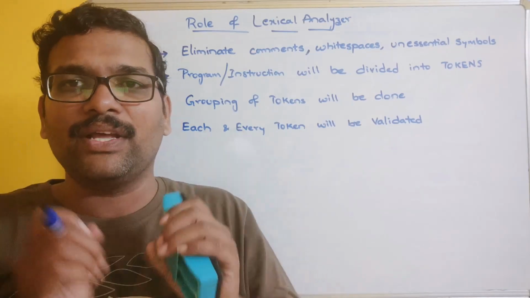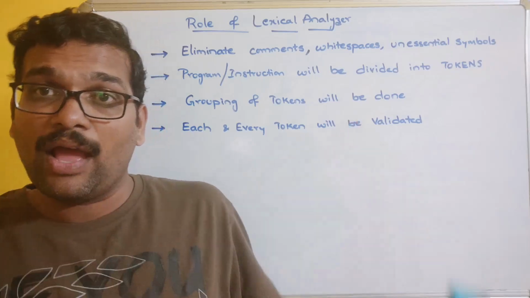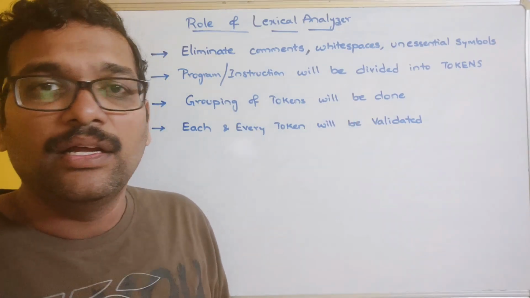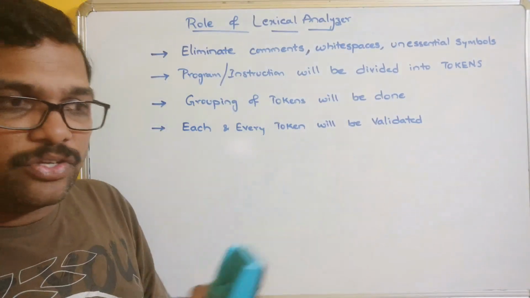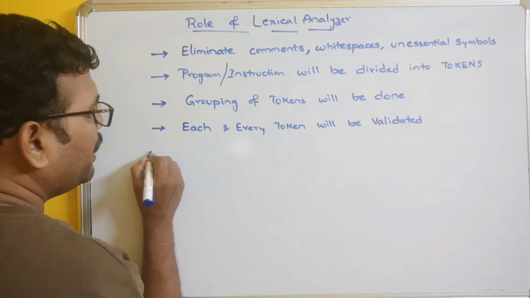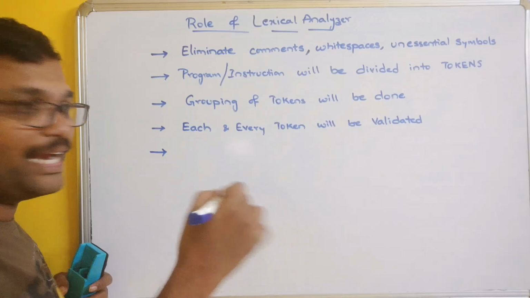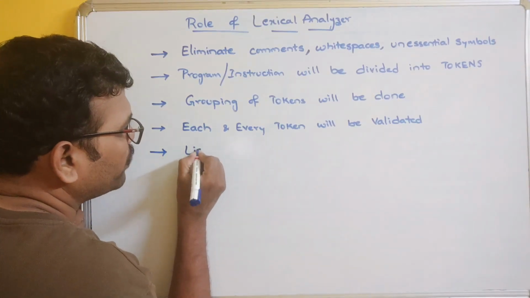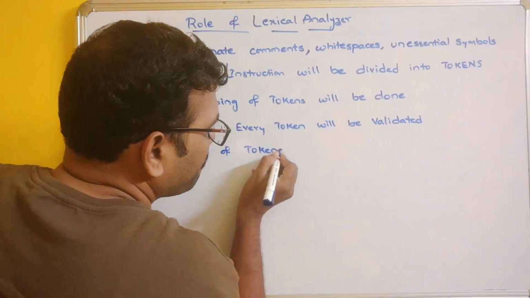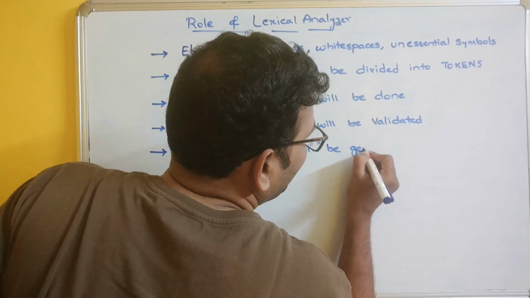So it will check whether the rules have been followed, whether the identifiers are valid or invalid identifiers. And finally, after completion of that, a list of tokens will be generated.